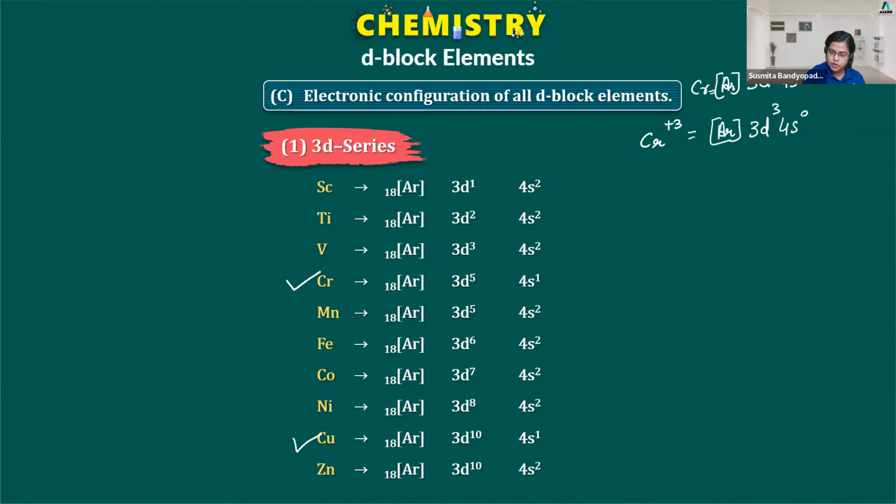First this electron will be lost, one gone, two more gone from here, total three. In that sense, you can argue, ma'am, what are you telling? d5 will be very stable. Just remove one electron, Cr+ will be more stable, not +3. Why are you saying +3? Why not +1? Is that coming to your mind or not?